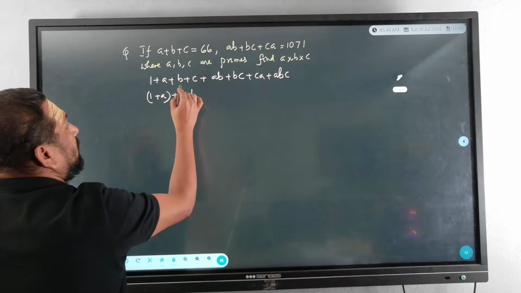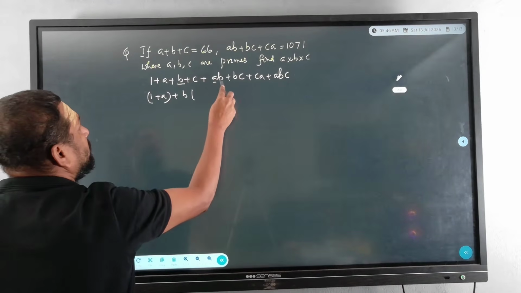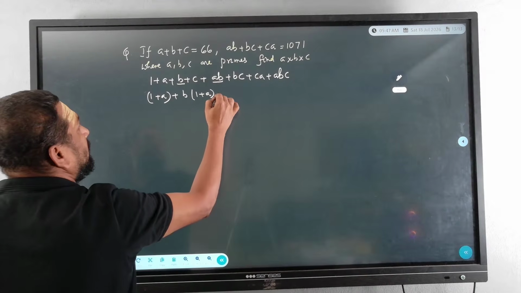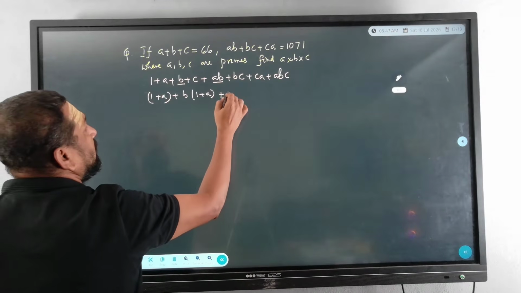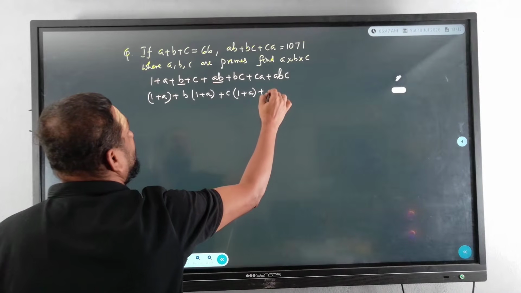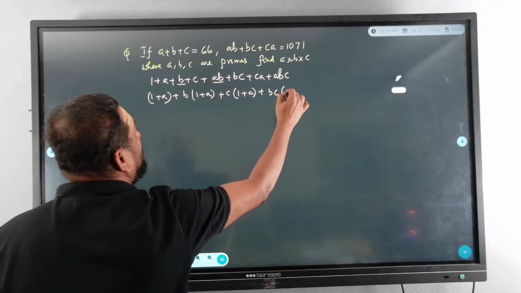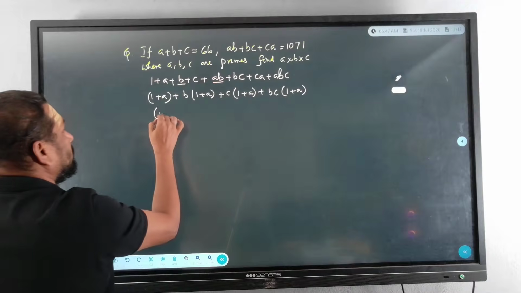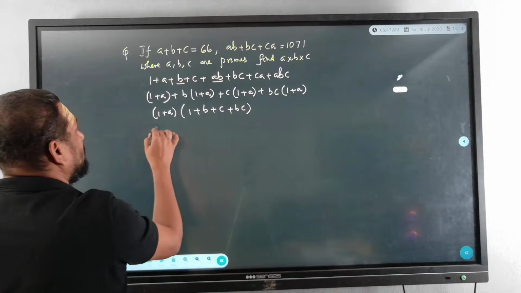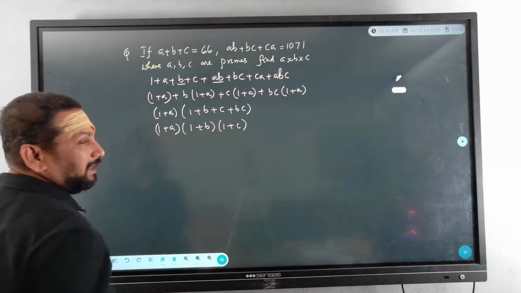If b is common from these two, 1 plus a plus c is common, and bc is common. So 1 plus a as common, 1 plus b plus c plus bc. So 1 plus a times 1 plus b times 1 plus c.